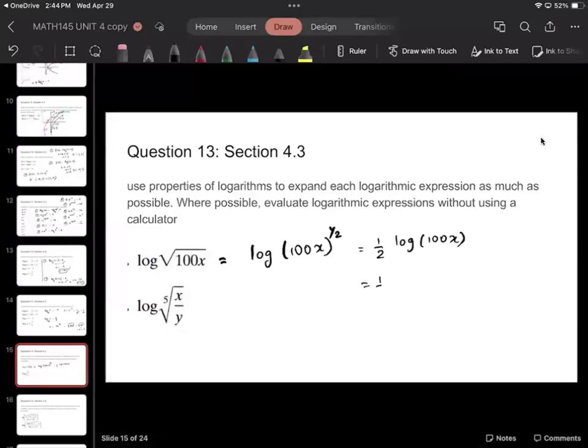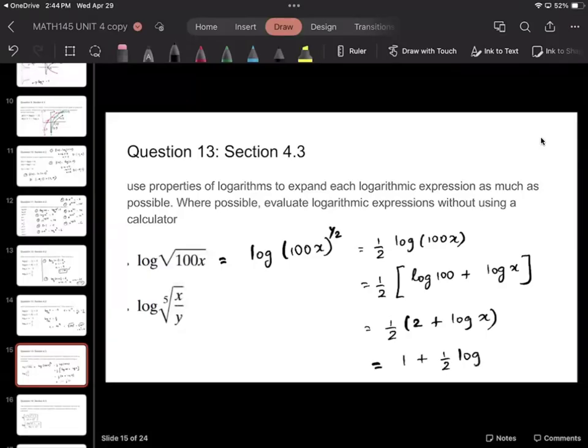Then I'm using the product rule to rewrite this as a sum of two logs because 100x is 100 times x. And log 100 is 2. So then I have 1/2 times (2 plus log x), which is nothing but 1 plus 1/2 log x. Okay, that is the answer to this question.